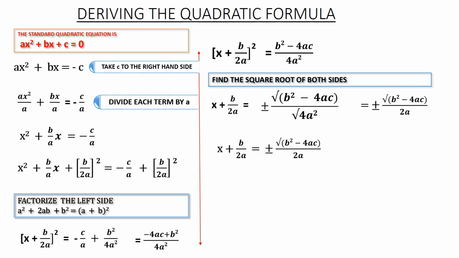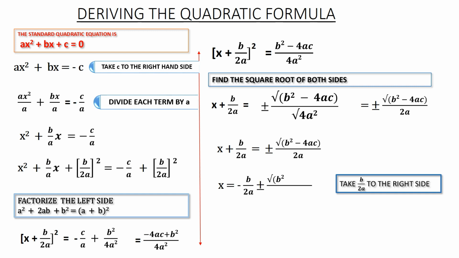Next, I'm going to move b over 2a to the right hand side. And so I'm going to have minus b over 2a. I'm preferring to write it first, plus or minus the square root of b squared minus 4ac all over 2a. Notice that these fractions have the same denominator, 2a.